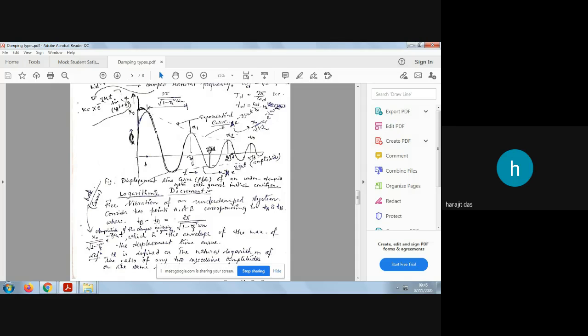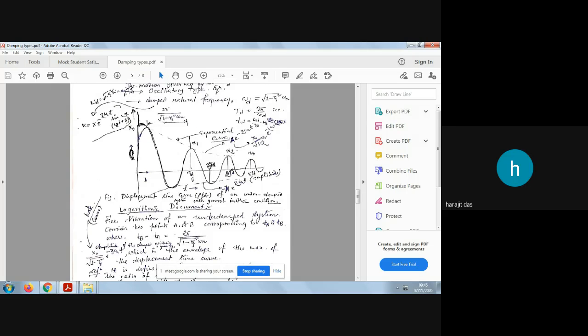What will be the time period? That is 2 pi under root 1 minus zeta square omega n, meaning 2 pi by the circular frequency. Earlier it was 2 pi by omega; here it is 2 pi by the damped circular frequency, 2 pi by under root 1 minus zeta square omega n.